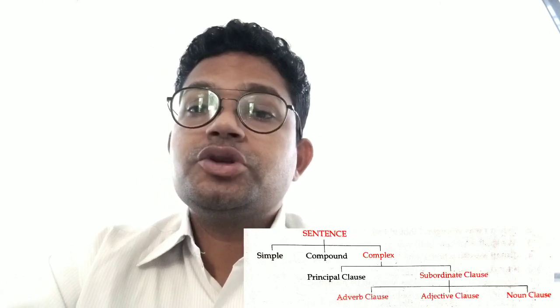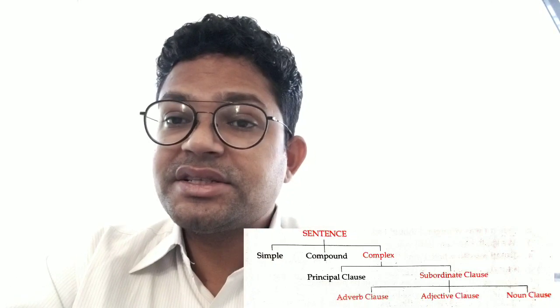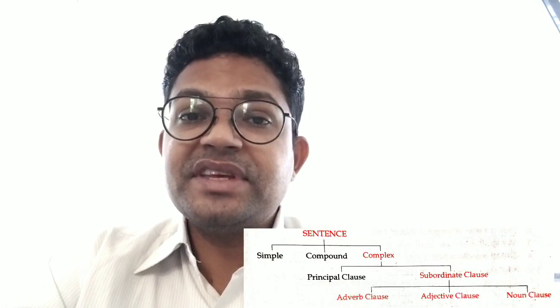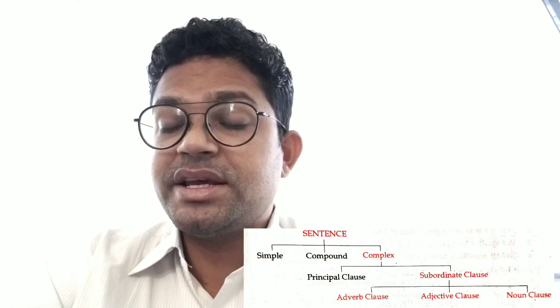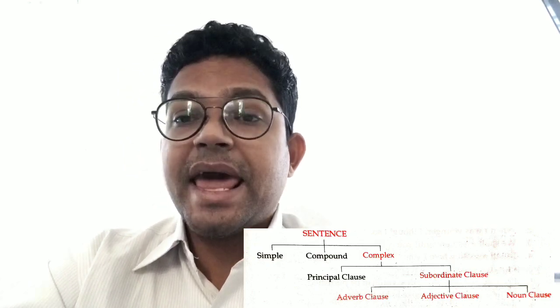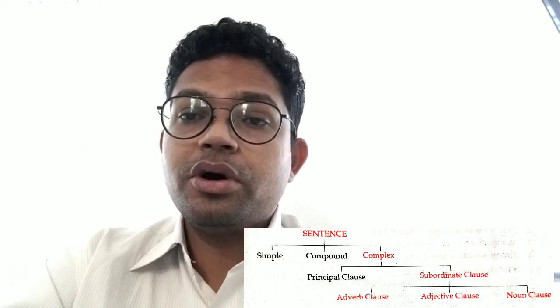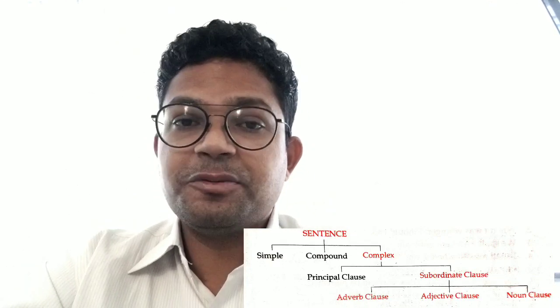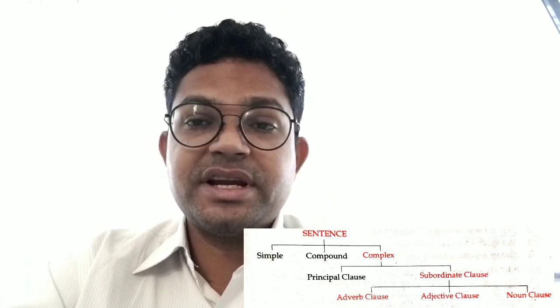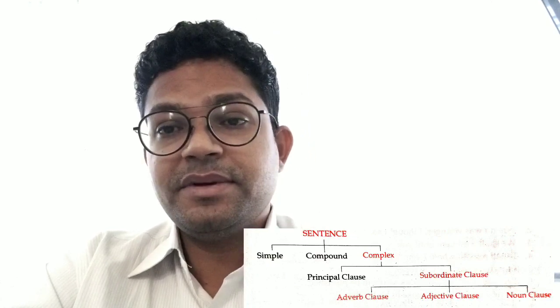It means two subjects, two predicates, and they are connected with one conjunction, and these conjunctions are also defined in compound sentences. Mainly we have the conjunctions and, or, but. When you see these three conjunctions in a sentence, it means it is a compound sentence. It means there will be two main clauses in the sentence.